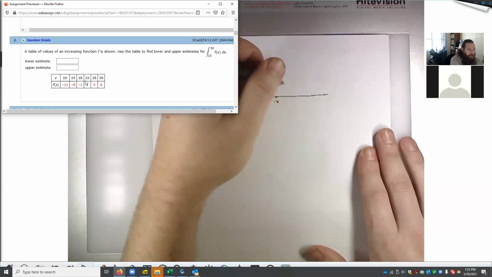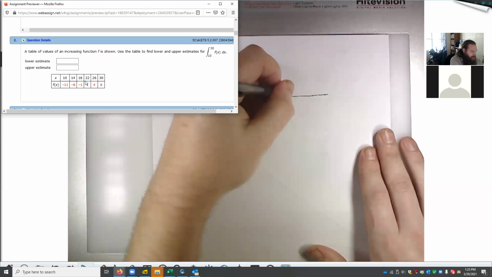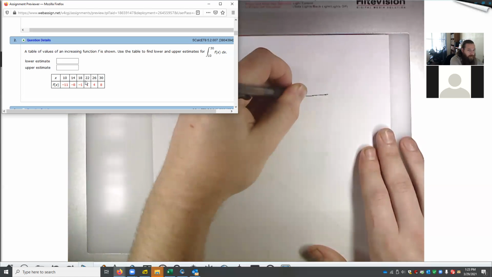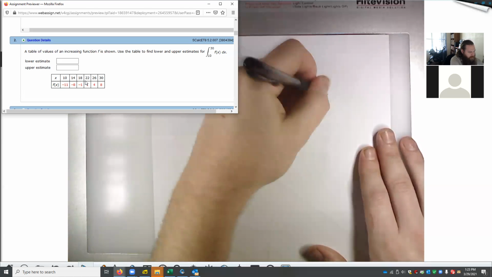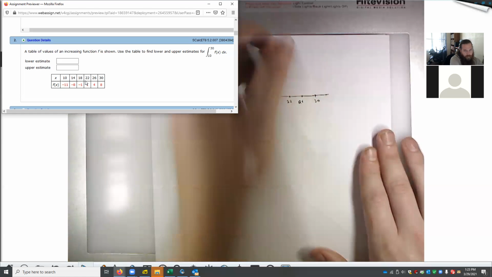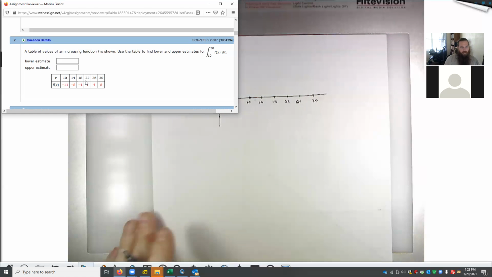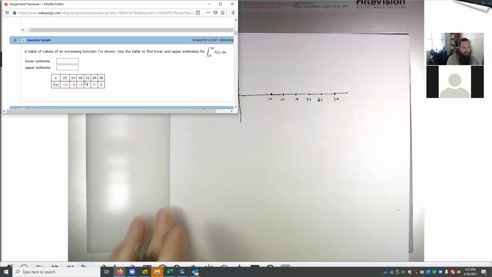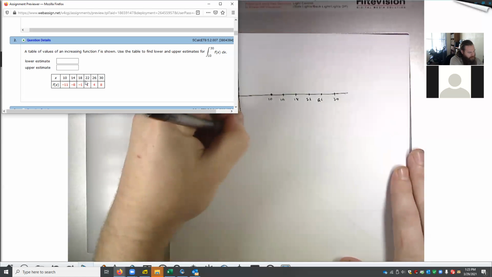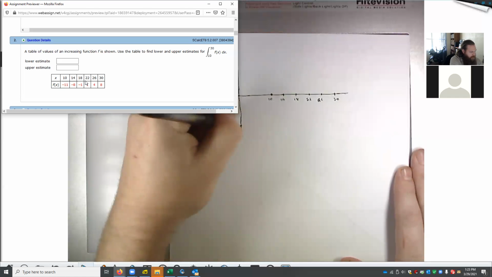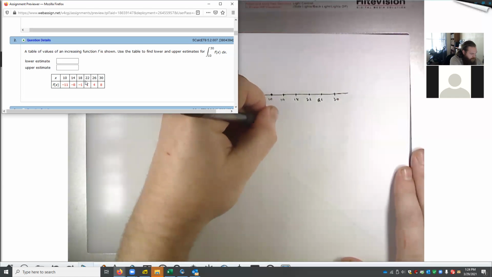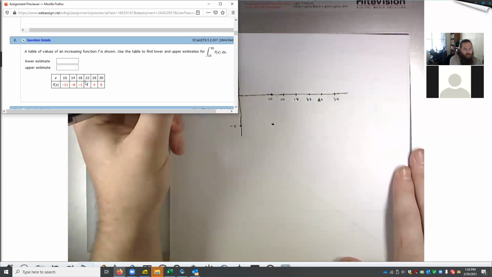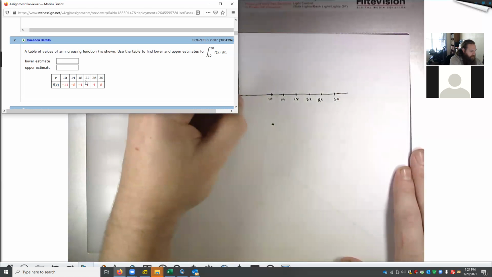It looks like these are all spaced 4 apart, so we'll draw equal widths. 22, 26, and 30. And then when x is 10, f of x is -11. So I'll call this -11. So here's this point. And then when x is equal to 14, f of x is -8.